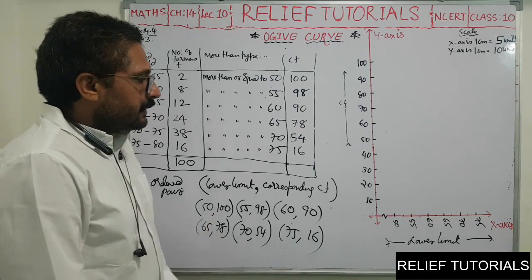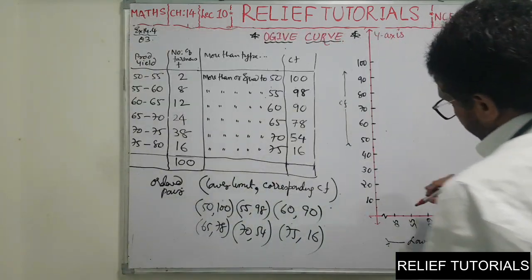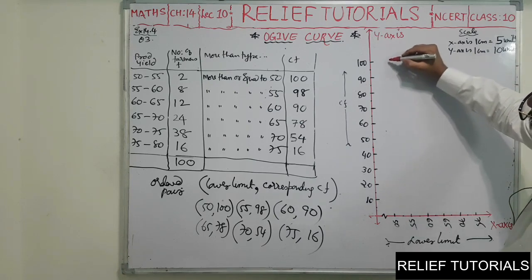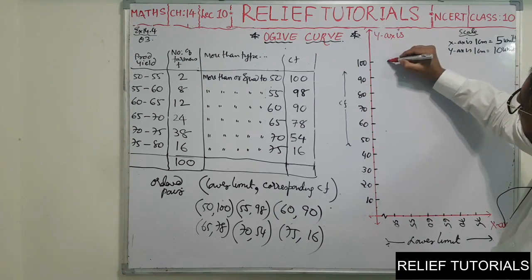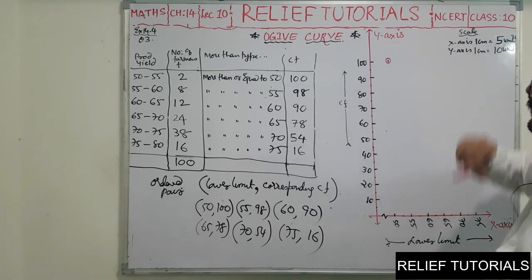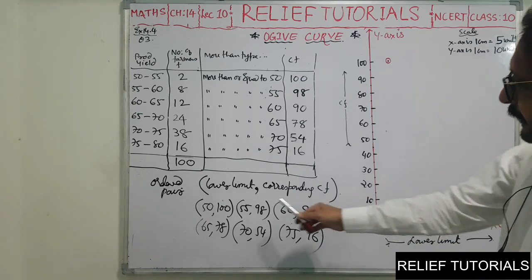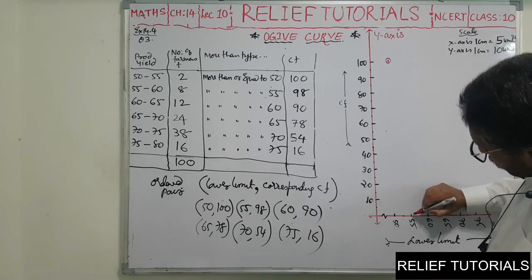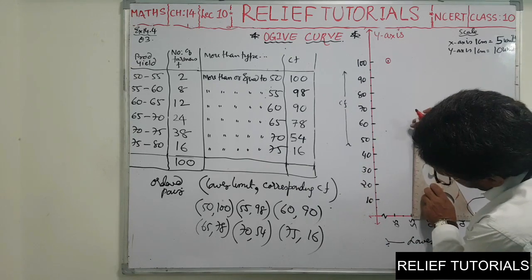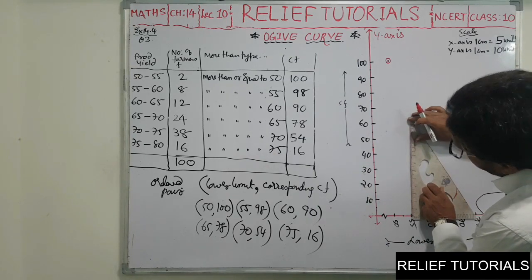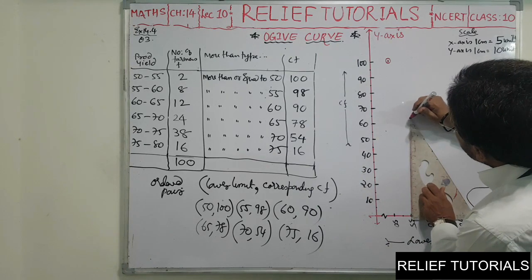Now for 50, 100, see this is 50, this is 100, so the point will be this. So this is 50, 100, clear? Now 55, 98, so this is 55 and you have to reach 98.